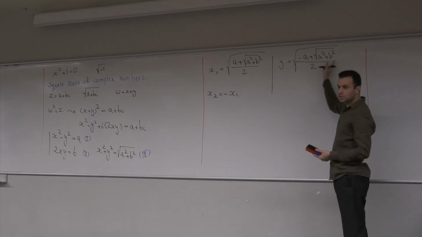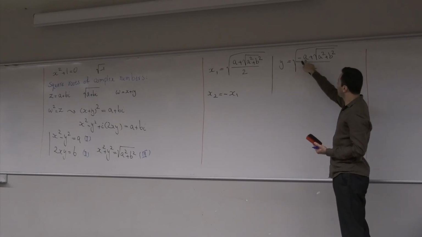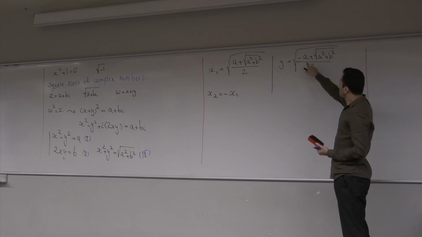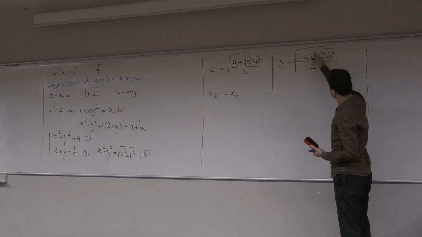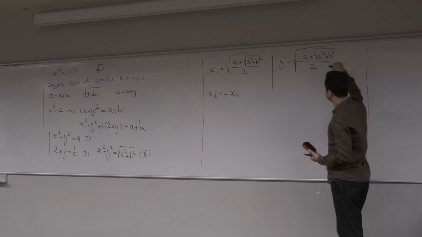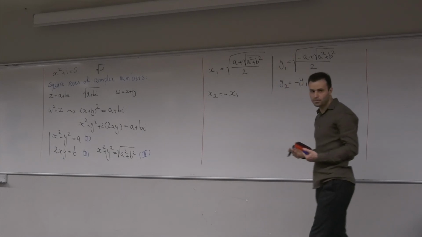And is this really a positive number? Again, if a is negative, minus a is going to be positive, plus some positive number, positive. If a is a positive number, minus a is negative. But since this one is bigger than this one, their addition is going to be a positive number. So this one is going to be a positive number, and I have this y2, which is going to be minus of y1. Okay?